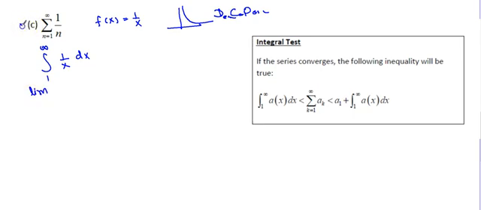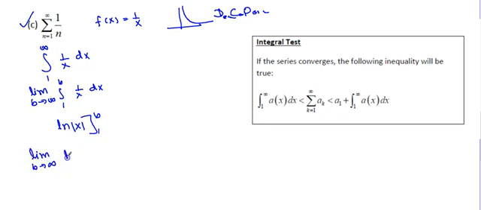Pay attention to this problem. This is a very important one. Limit as b approaches infinity, integral from 1 to b of 1 over x dx, and clearly this is ln x from 1 to b. Limit as b approaches infinity of ln b minus ln 1. ln 1 is 0.